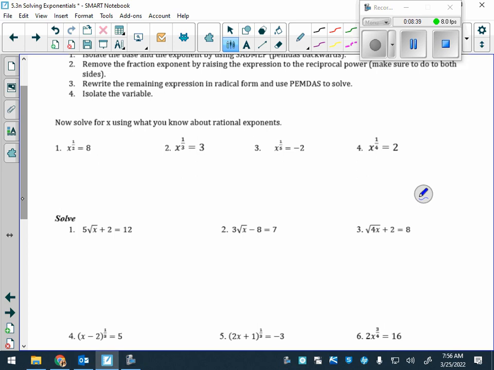You're on the right track. So let me write it for you. Oh, what would you do to get rid of that? One half is that. So what would you do to undo this to both sides?